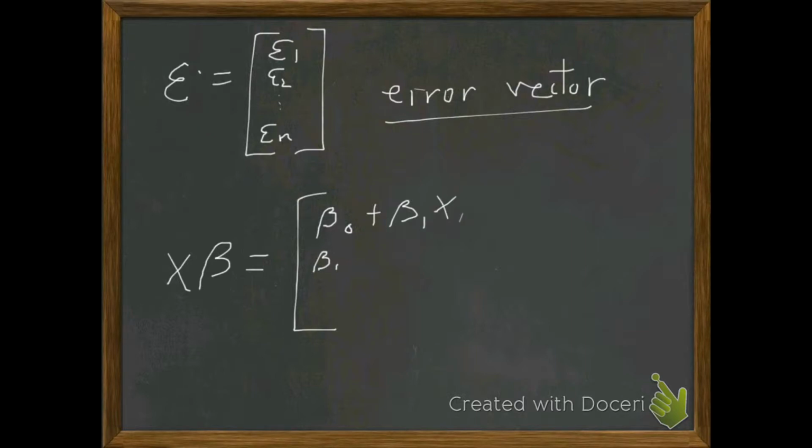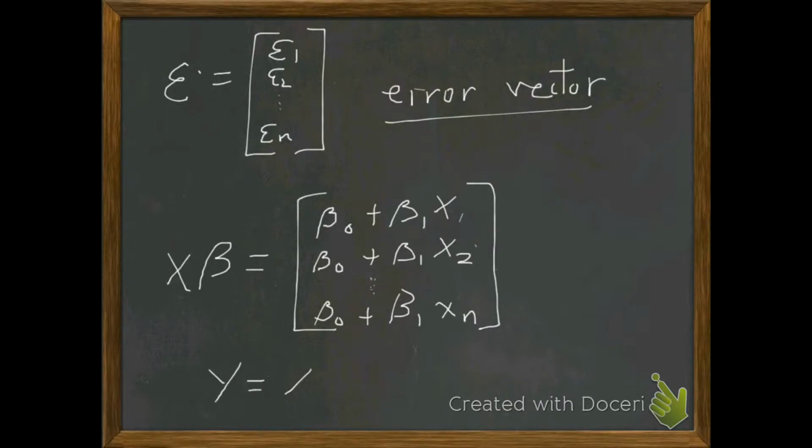And of course beta 0 plus beta 1 x2. And finally we'll get our last term, beta 0 plus beta 1 xn. And put the dots in there because we've got more terms clearly. So guys, ultimately what we get there again is y equals X beta plus the errors.